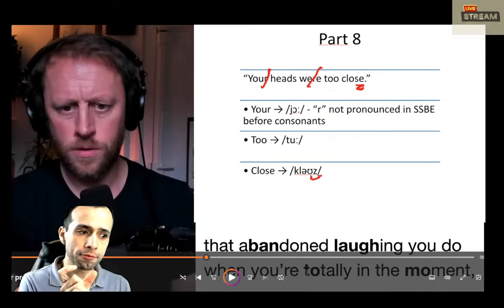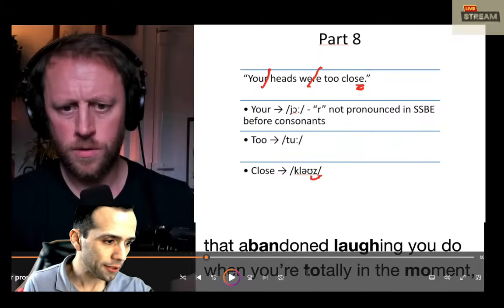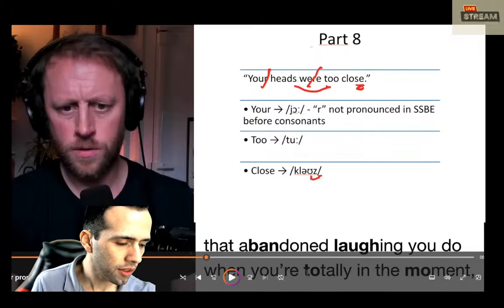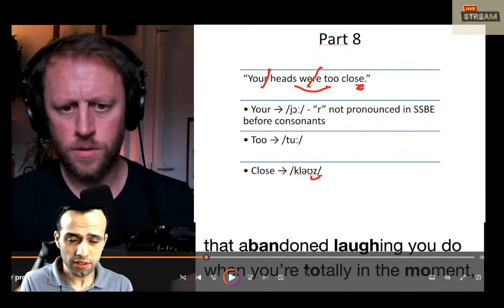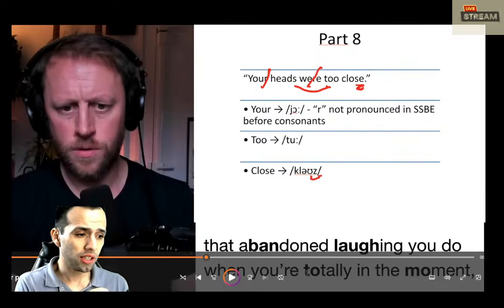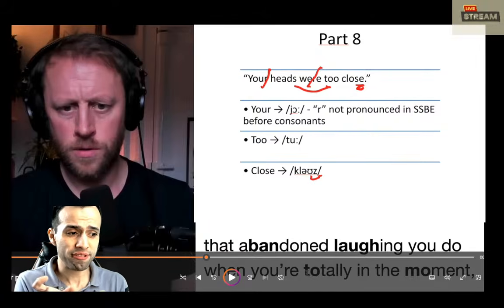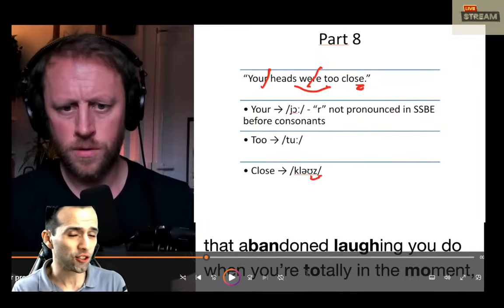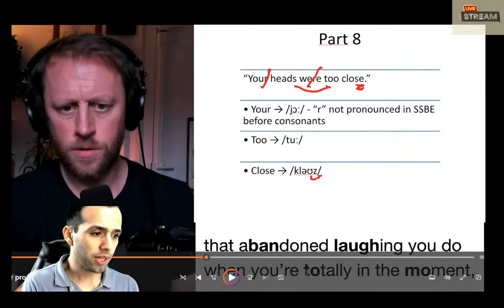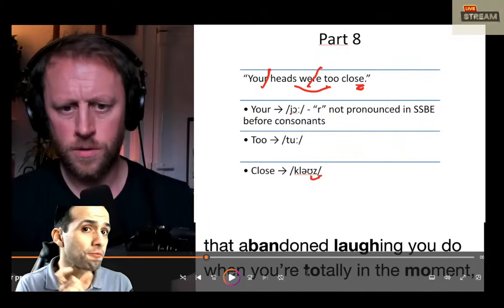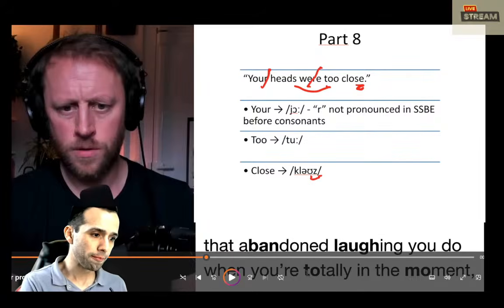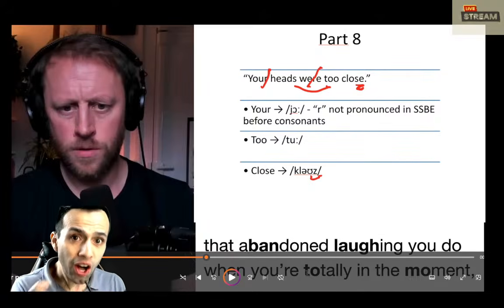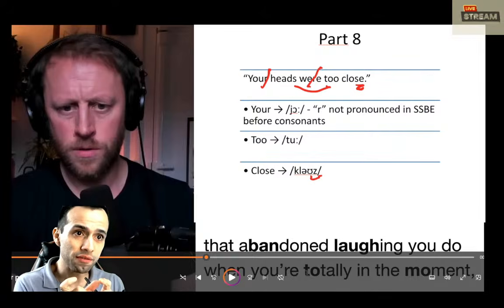And then again in were, the second word here, the E at the end is silent, you don't pronounce it in either British or American English, but in British English you say were, except of course right after it comes a vowel sound, like for example, they were in the park, or they were in the room.